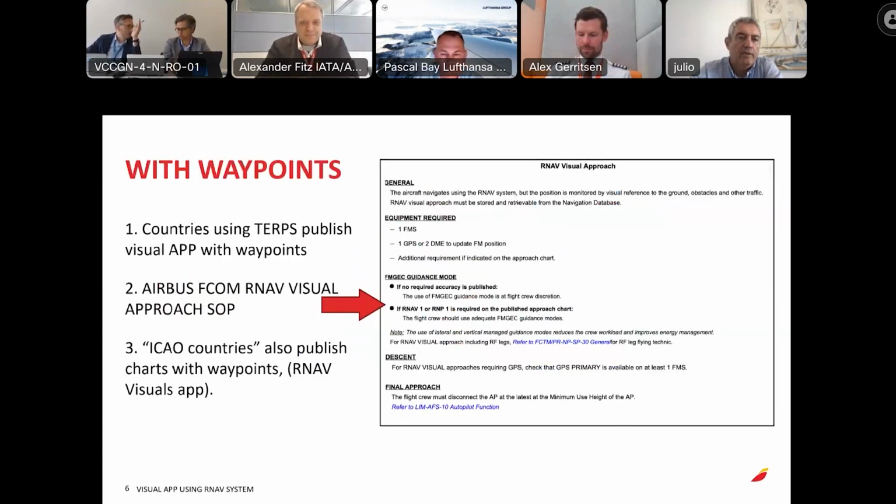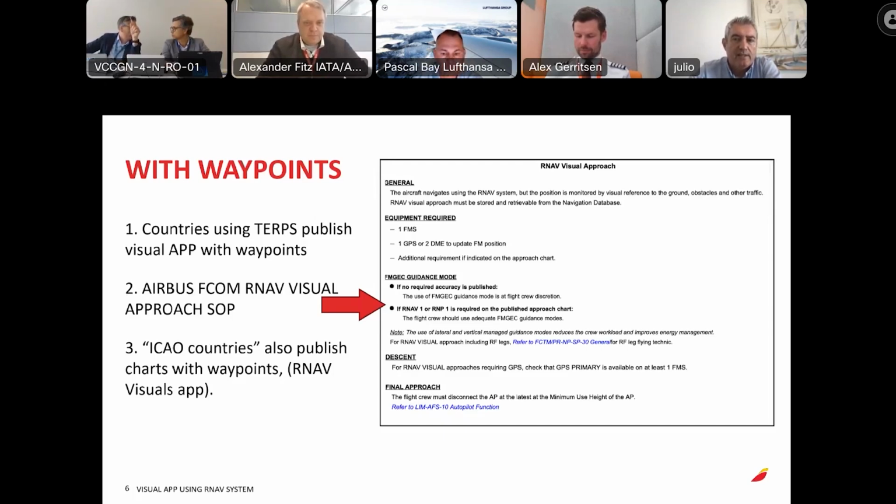Okay, when all the PBN procedures emerged, we found out that in about 2008 some countries using TERPS published a visual approach with waypoints, and in some points we had in our FCOM the RNAV visual approach procedures. Today we have the same procedures in our FCOM.